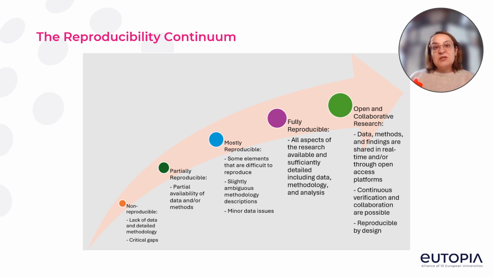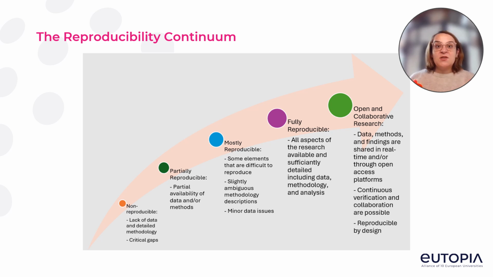The first stage is non-reproducible research, and at the lowest end of the spectrum, research cannot be reproduced at all. This may be due to missing data, lack of detailed methodology, or other critical gaps that prevent others from repeating the study.